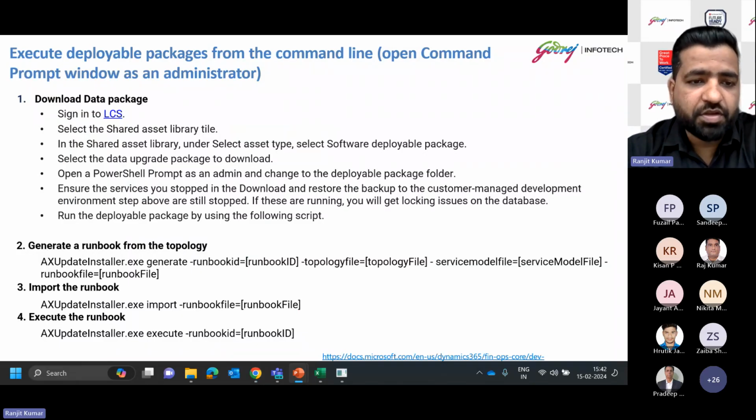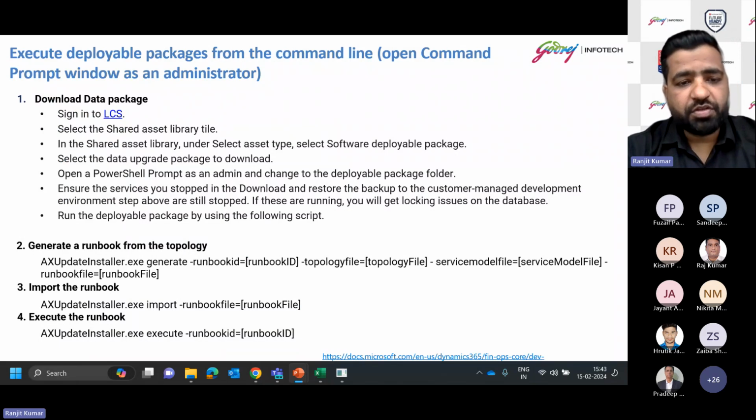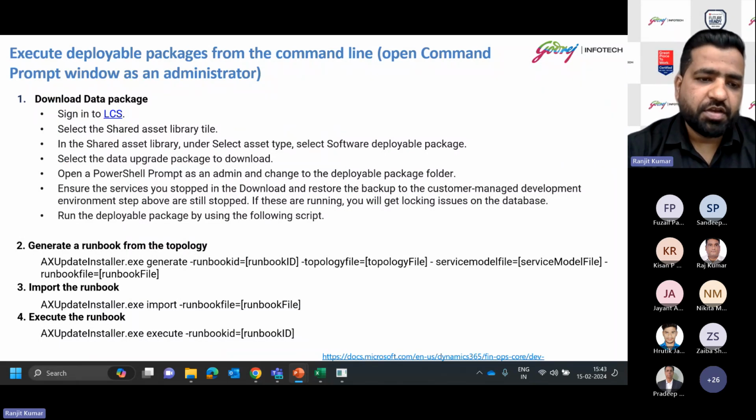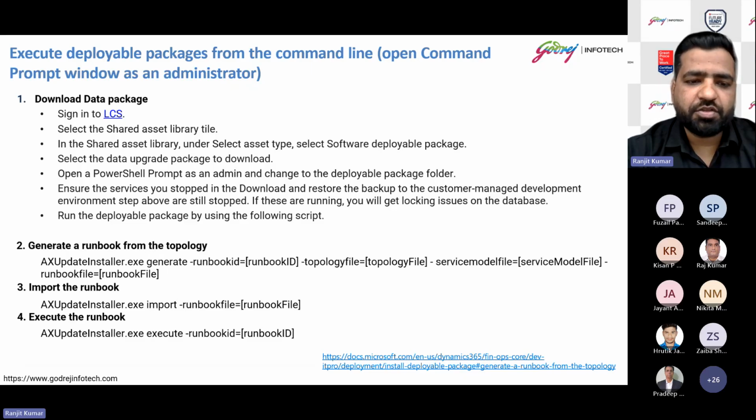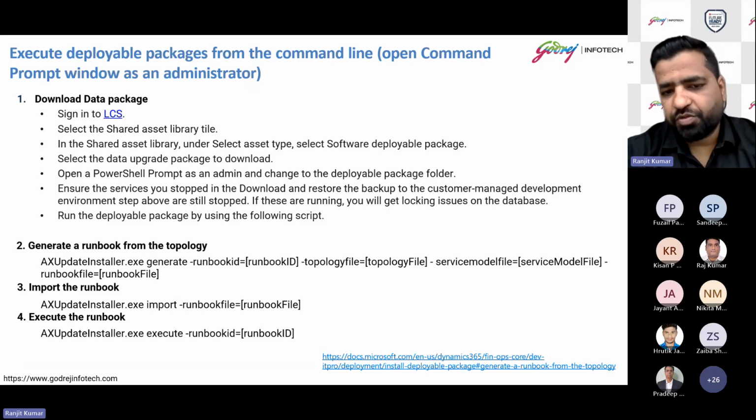The first one is generate runbook. It will generate the runbook file, and the second one is import runbook. This will import from your data package which you have downloaded from LCS, and then finally it will execute the runbook.